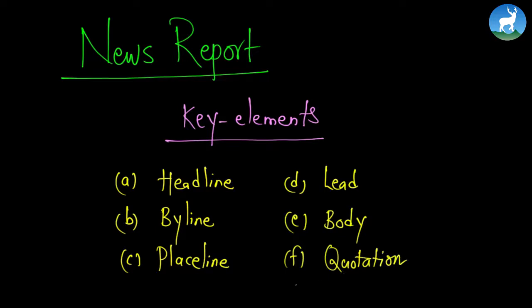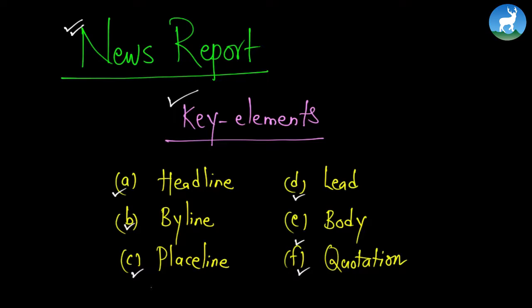So we use technical words like these when we are talking about news reports. Whenever we are going to draft some news, we use these different elements from headline to quotation, right? So we have headline, byline, placeline, lead, body, and quotation.